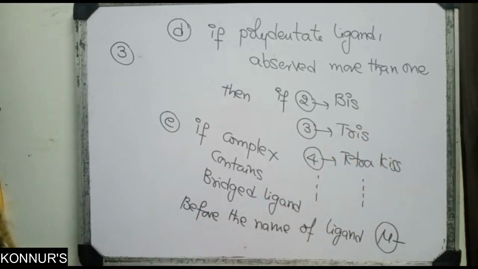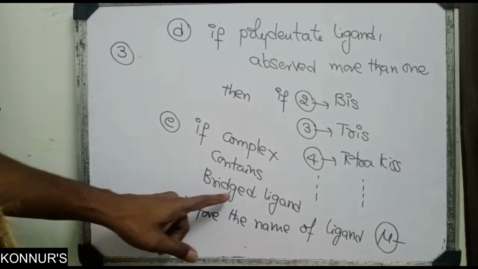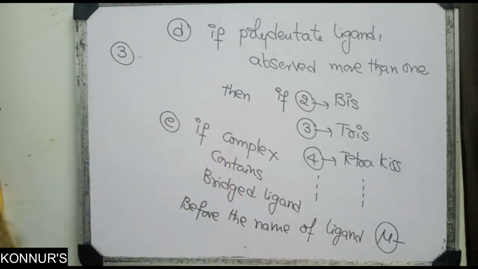The mu symbol you mention before the name. The mu indicates that it is a bridged ligand. A bridged ligand means the ligand exists in between two metals.